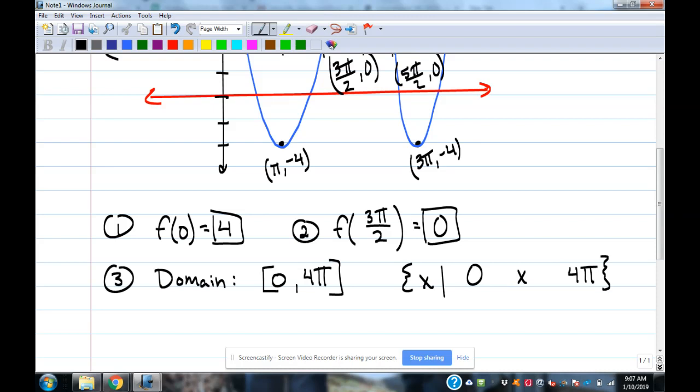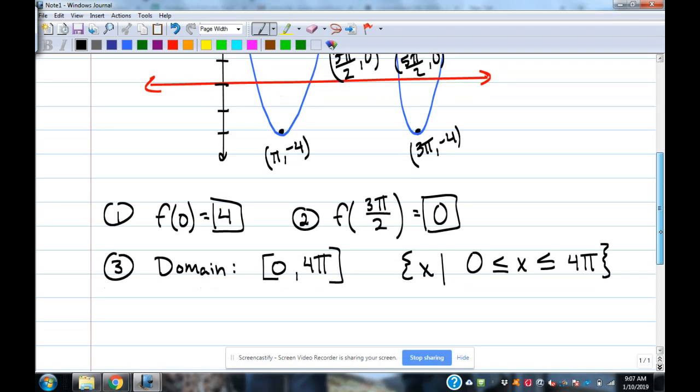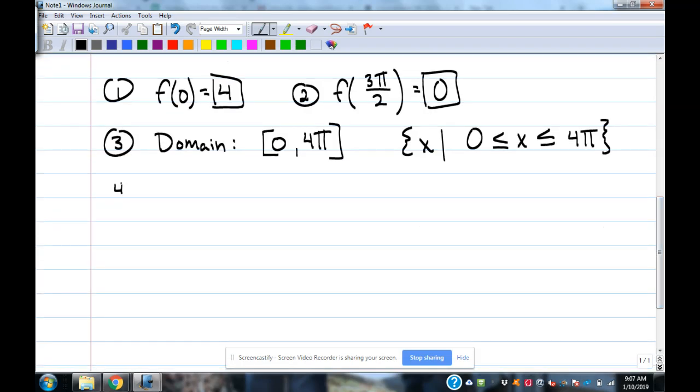Greater than or equal to 0, because we're including it. And then what to 4 pi? Less than or equal to. So we've written our domain in interval and set notation. It's all based on looking at the graph instead of dealing with an equation, which is the focus of this part of the section anyway.